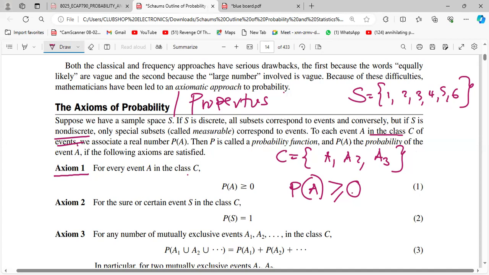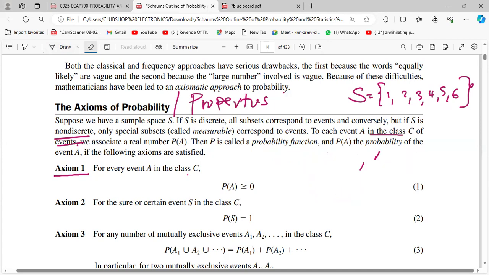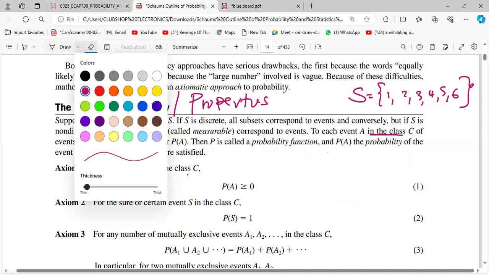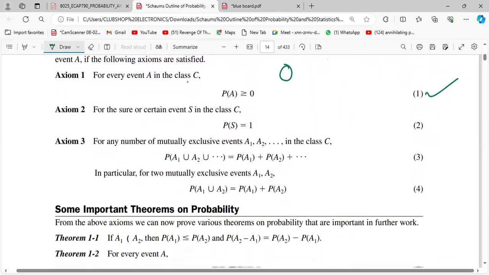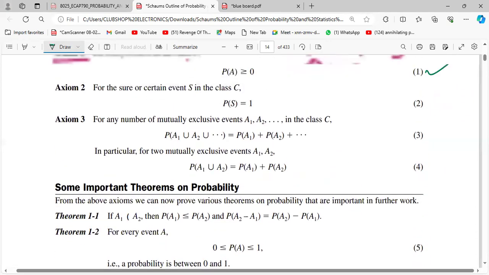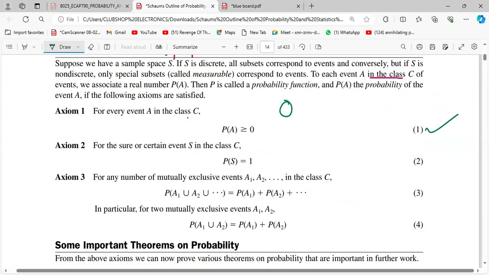Meaning that it will not be negative. Probability is always positive. If it cannot happen, it is zero, so it must be greater than or equal to 0. Axiom number 2: for a sure or certain event in class C, if you know that it will happen, the probability of that thing happening is 1.